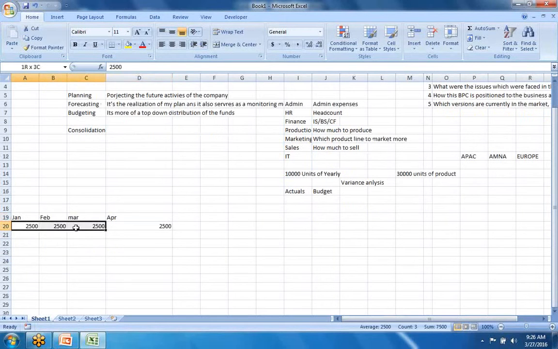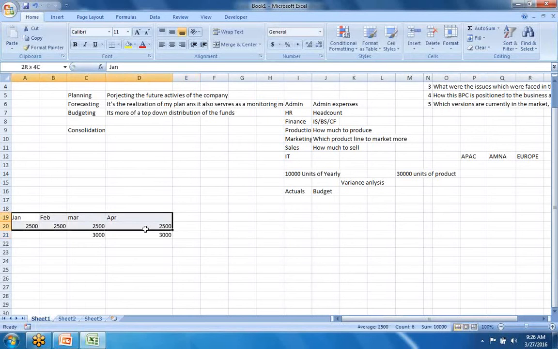I start adjusting my figures. So, supposing the legislation is favorable for my way of doing business, I can start forecasting that I may end up selling 3,000 units per month, or it can be less if it is negatively impacting your business.